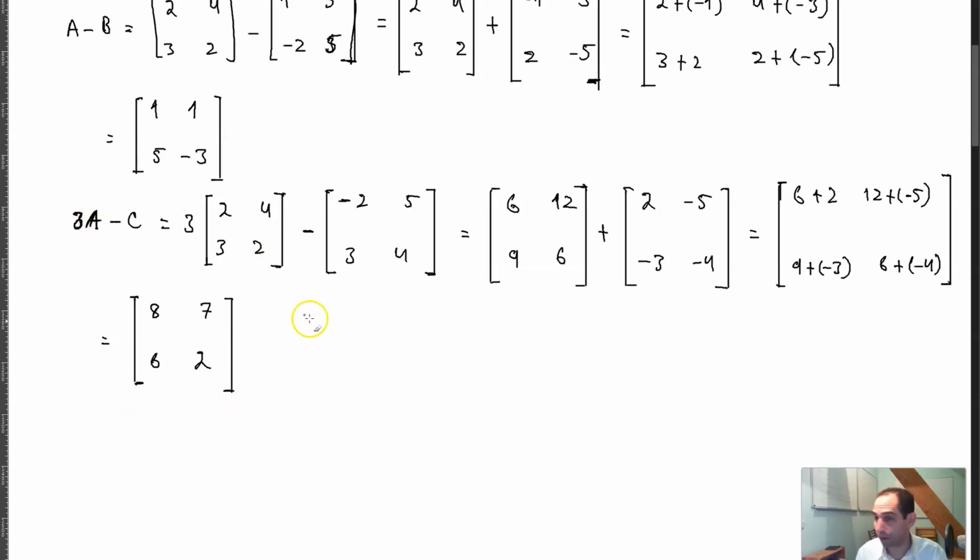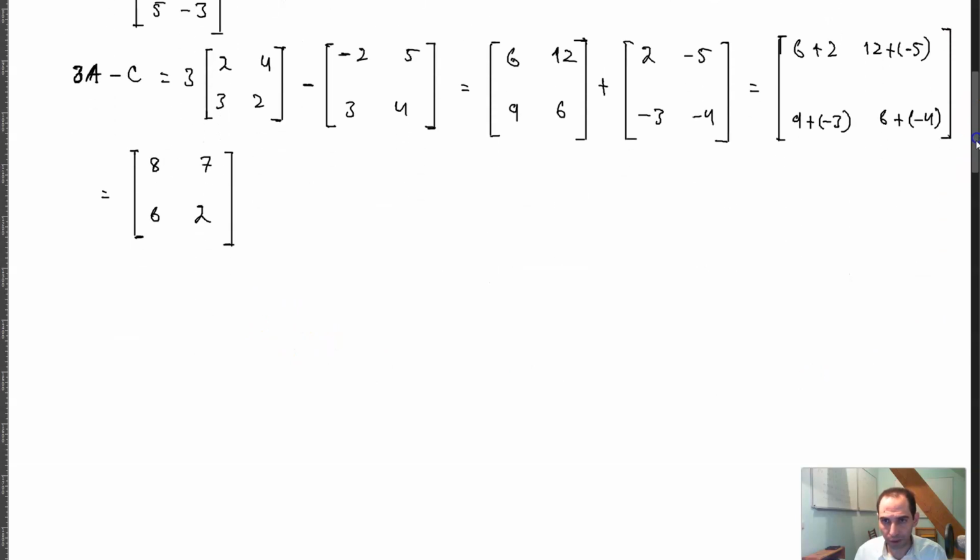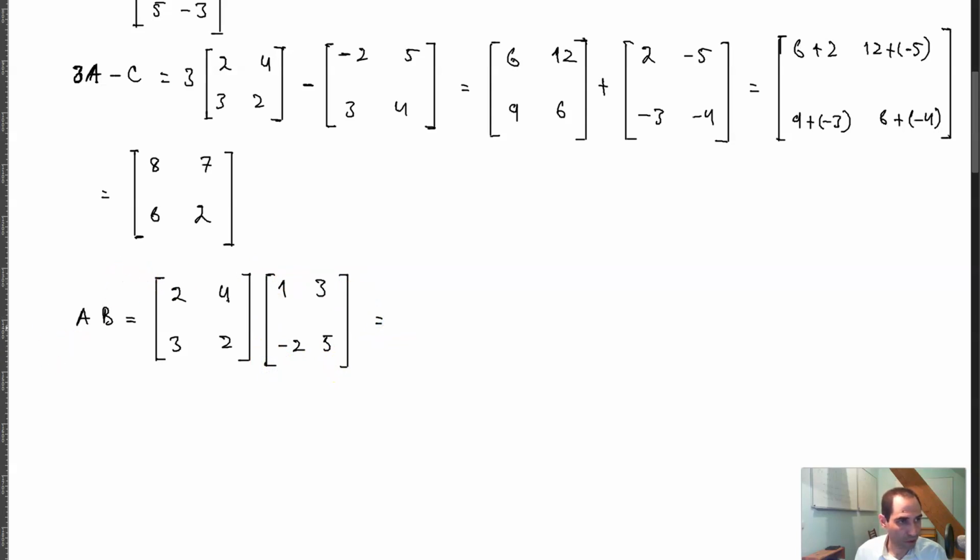Now if you have A times B, or AB, A was equal to 2, 4, 3, 2, and then you have B, which is 1, 3, negative 2, and 5. So to multiply, you can take this row and this column, and this is a 2 by 2 matrix, so you get a 2 by 2 matrix.